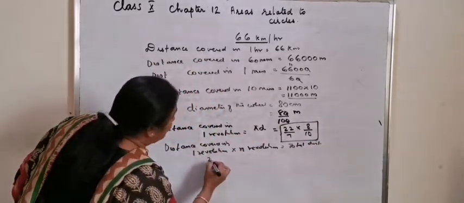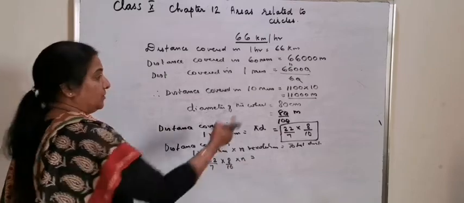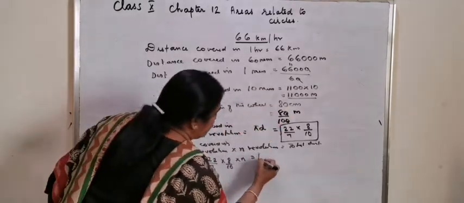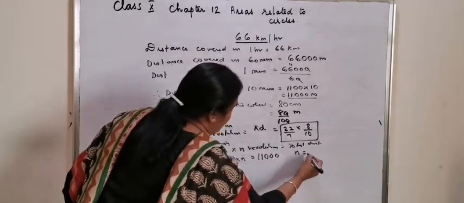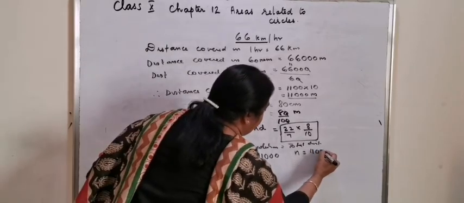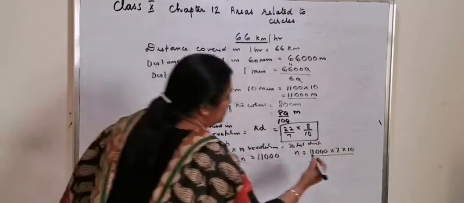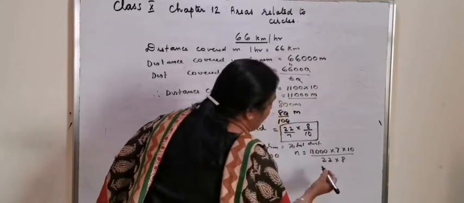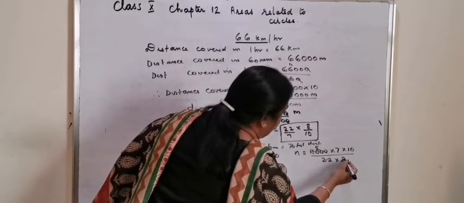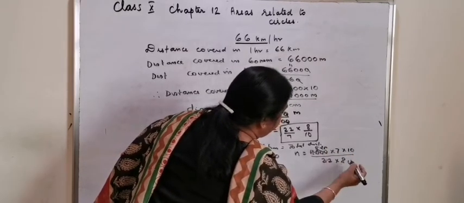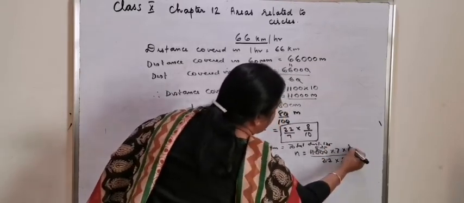That is 22 by 7 into 8 by 10 into n is giving you the distance covered in 10 minutes, which is 11,000, or the number of revolutions n is equal to 11,000 into 7 into 10 divided by 22 into 8 into 8. 22 into 5, it is 4,500... by 2 is 250, divided by 2 is 125, and then 2 and 10 is 5.